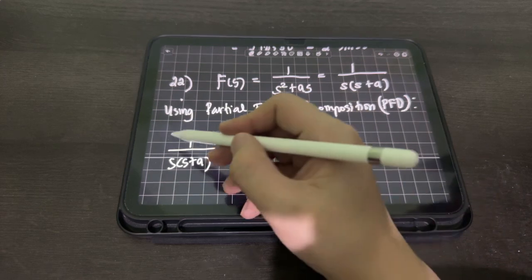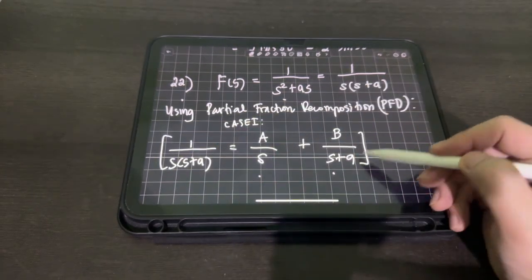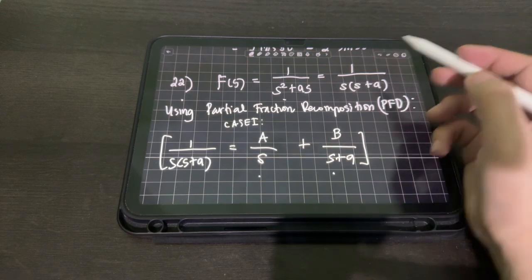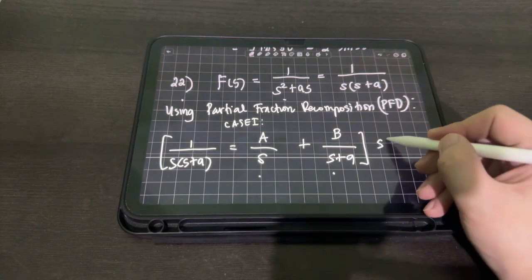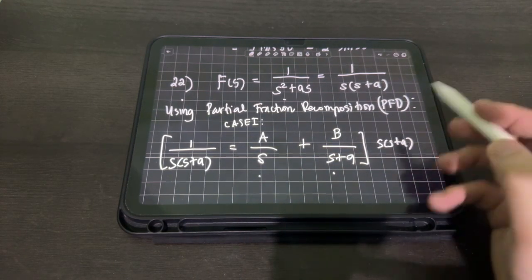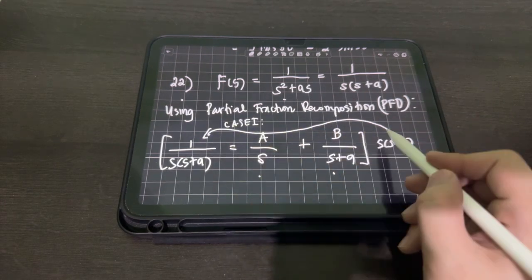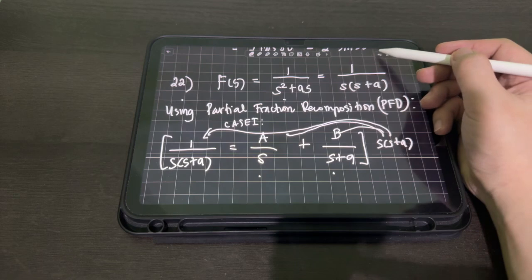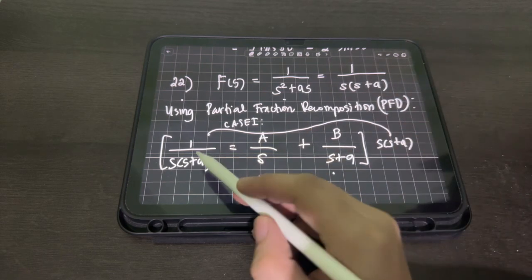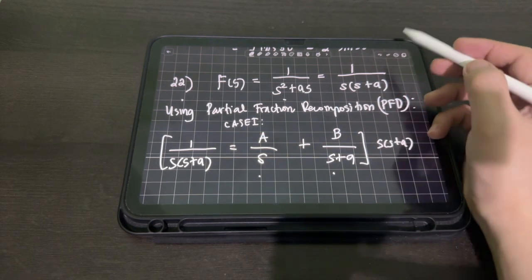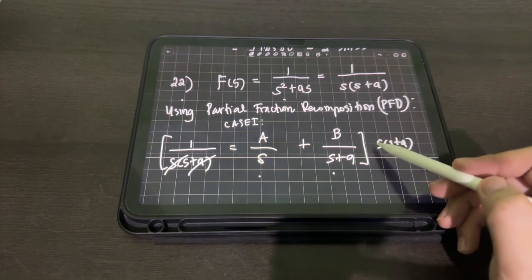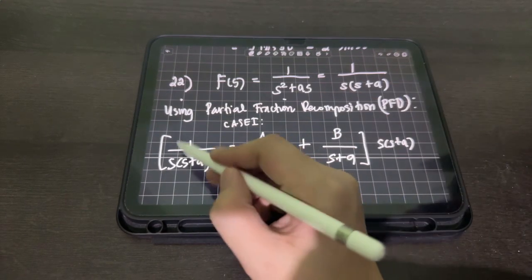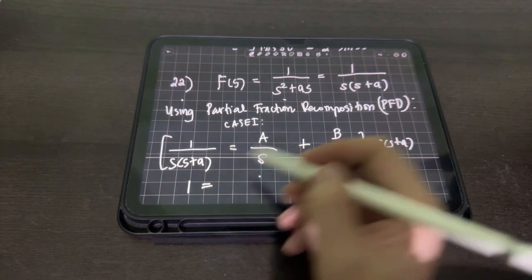So the next step is to multiply both sides of this equation by the LCD, which is always the original denominator, s times s plus a. So distributing s times s plus a, multiply both sides to each term. For the left side, you can cancel all the factors here. We will be left only with the numerator, which is 1.